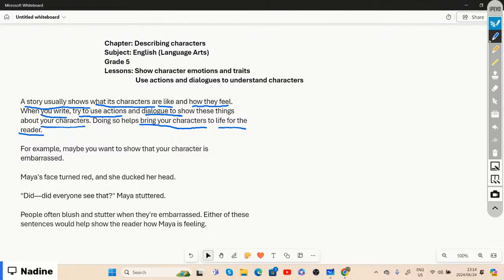All right, so now we're going to look at an example, right? So maybe you want to show that your character is embarrassed. So, if you want to show that your character is embarrassed, then we can, for example, say that Maya's face turned red and she ducked her head, right?